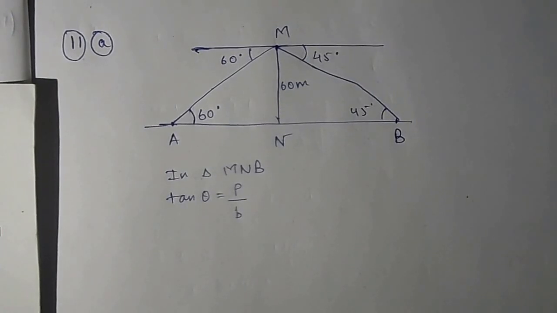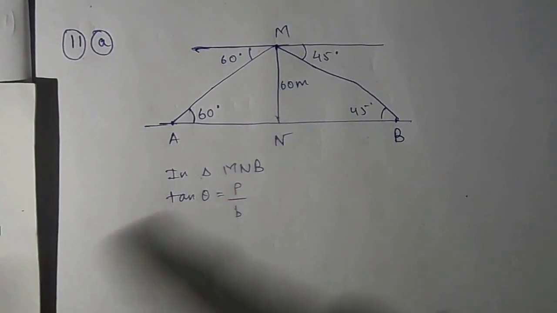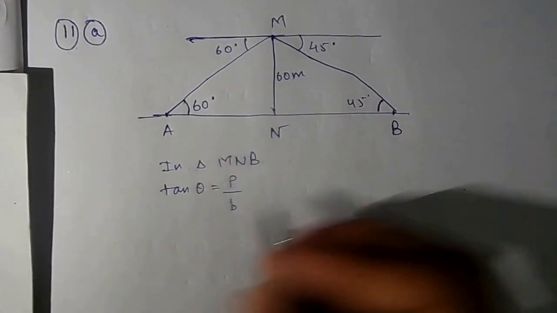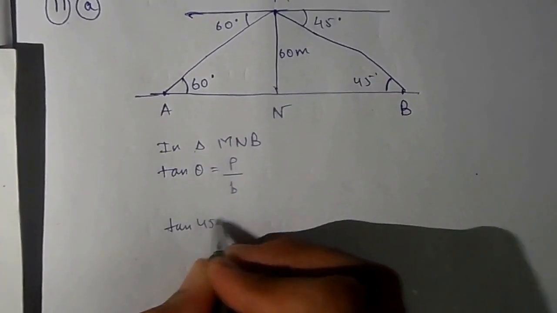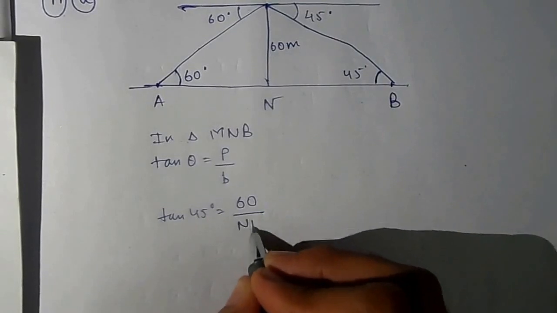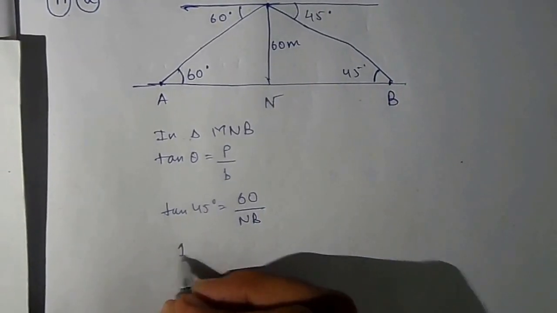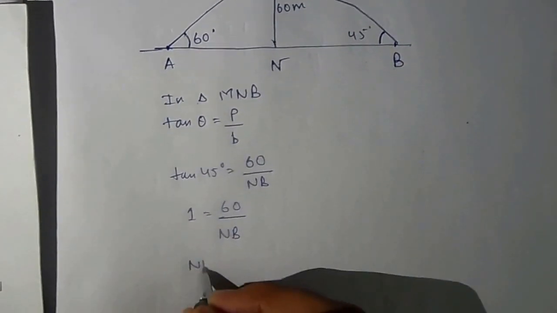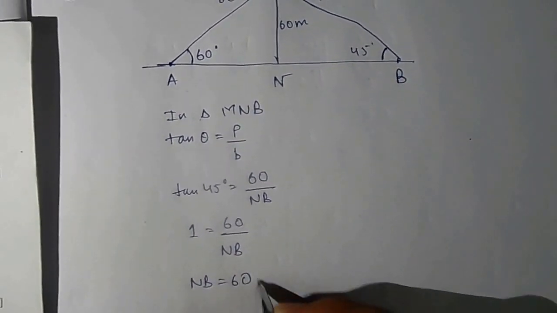So tightly pulled back, tan theta equals perpendicular by base. So in triangle MNB, this is theta, tan 45°, opposite of theta is perpendicular, 60 divided by the base, NB. Tan 45° is 1, everybody knows that, I guess. So NB is equal to 60 meter.